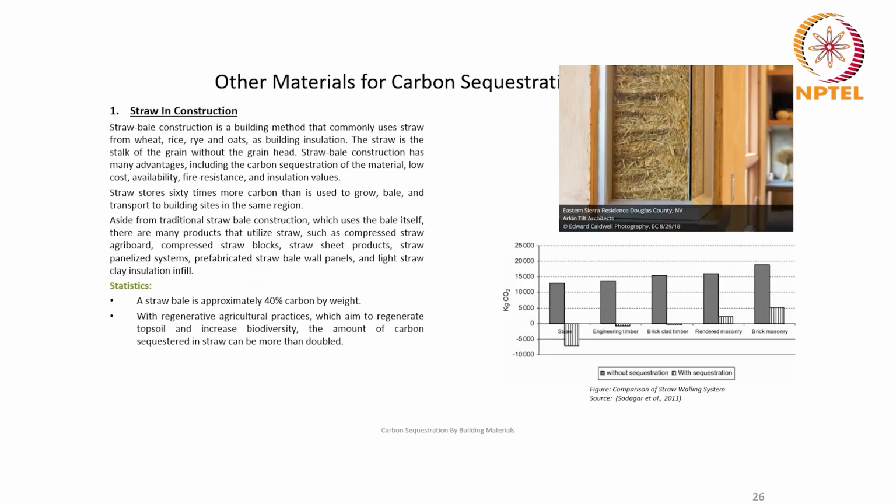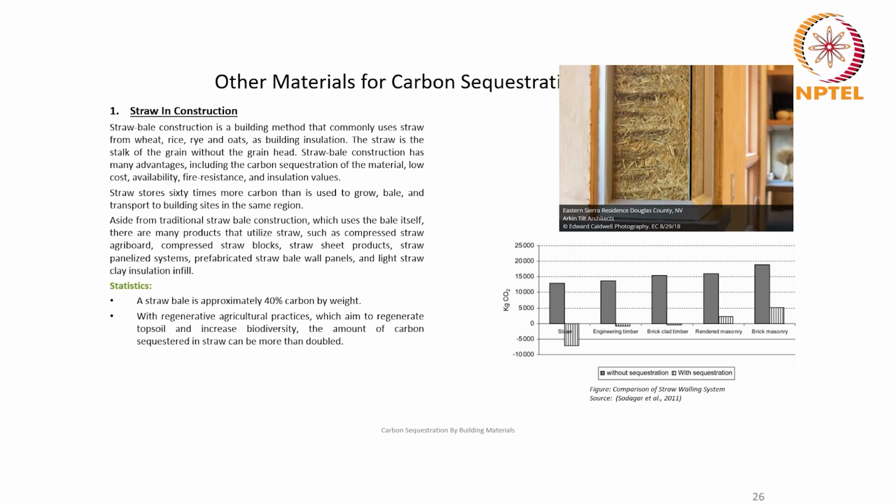There are many other materials which are used for carbon sequestration. Straw is used. So, straw bale construction, use of agro based construction, these have been very prevalent because straw stores 60 times more carbon than is used to grow. The transportation to building sites within the region also makes its embodied energy through transportation very less.